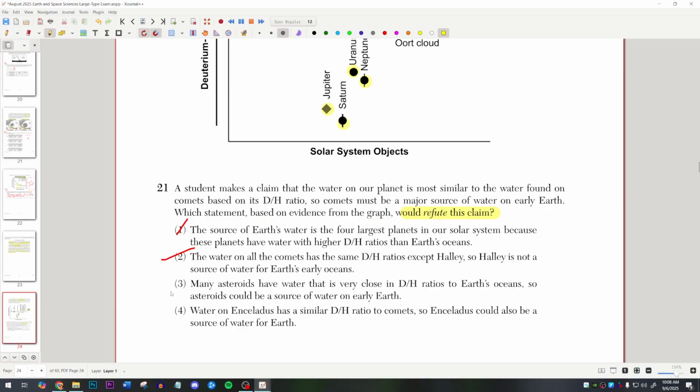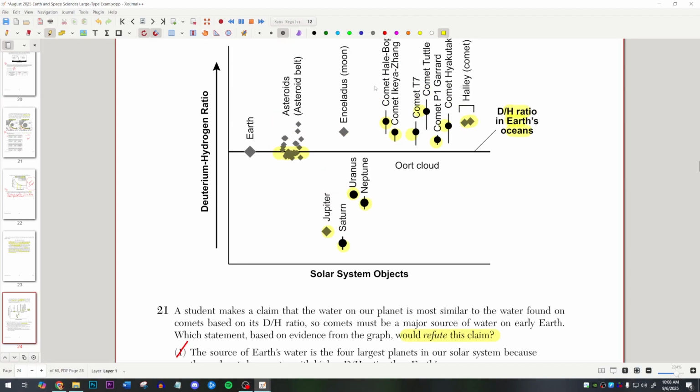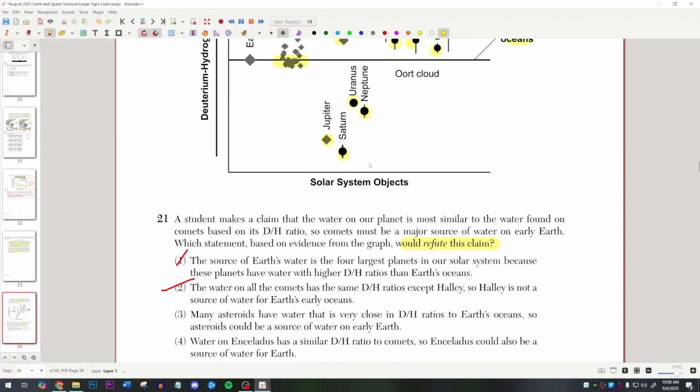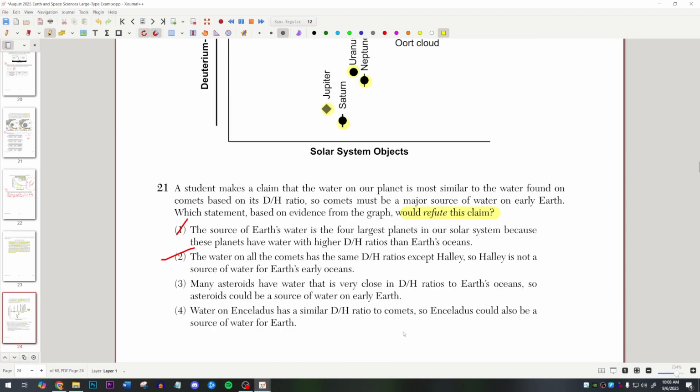Okay, that's possible. Water on the Enceladus has a similar DH ratio to comets. I mean, that's the moon. Enceladus is the moon. Similar, I guess? So Enceladus could also be a source of water for Earth.